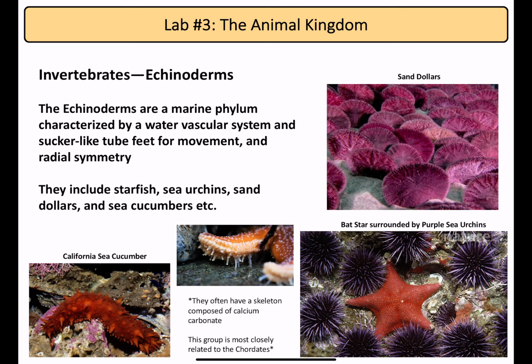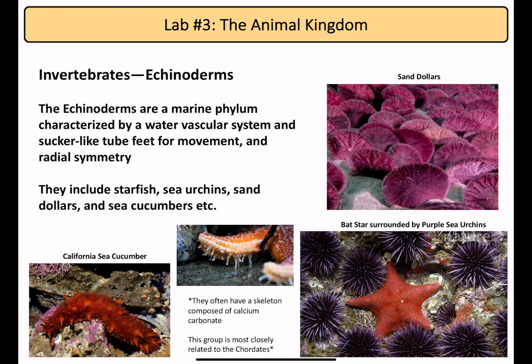And our last group, our last phylum of invertebrates, are the echinoderms. This is another marine phylum, and they're unique in that they move around using water pressure, using something called a water vascular system, where they utilize structures called tube feet, like little suction cups, to move around and to hold on to rocks, for instance, and to eat prey.